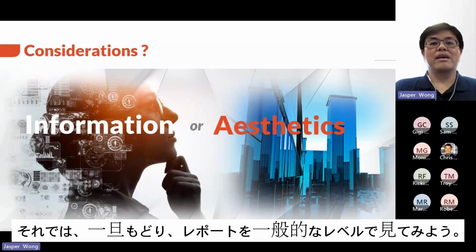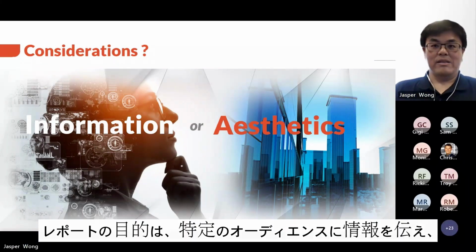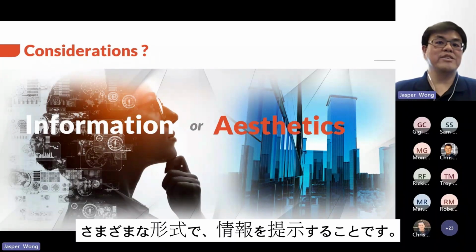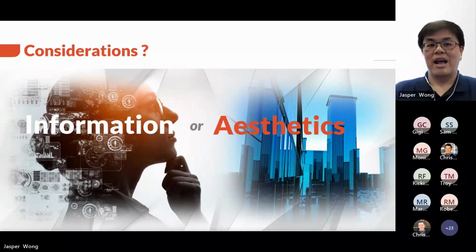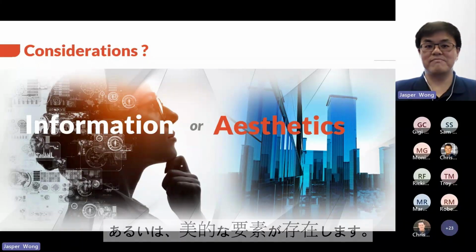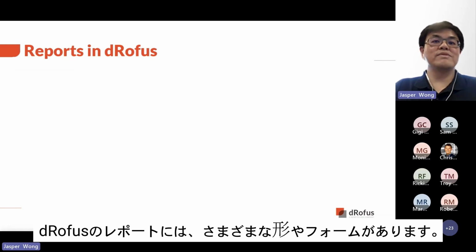Now let's take a step back and look at reports at a generic level. The purposes of reports are to convey information to specific audience and present information in different formats. And there's always a visual or aesthetic component to reports. Reports in dRofus come in different shapes and forms.